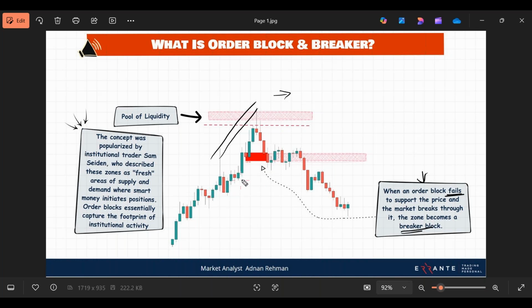But what you need to keep in your mind is, if you have an order block over here, and you are expecting the market to come down and give it a test over here and then rally towards the upside, if that's not the case and the market moves towards the downside, then this OB converts into a breaker block. You can name it anything, order block, breaker, or whatever. It's totally up to you. So keep this in mind.